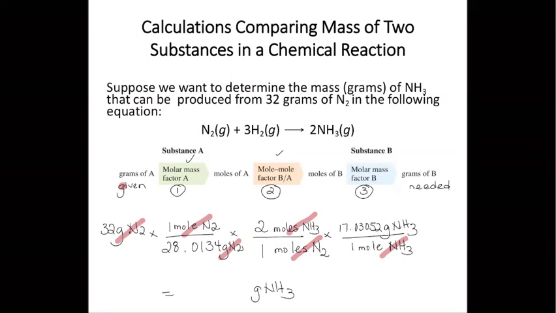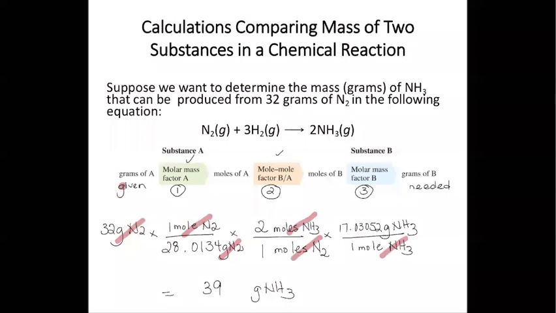Excellent, that's what I got also: 39 grams of ammonia. So again, this flow chart for knowing the calculations can help you determine where do I start? In other words, what is given to me and where do I need to go? Meaning, where I will stop in terms of my calculations.